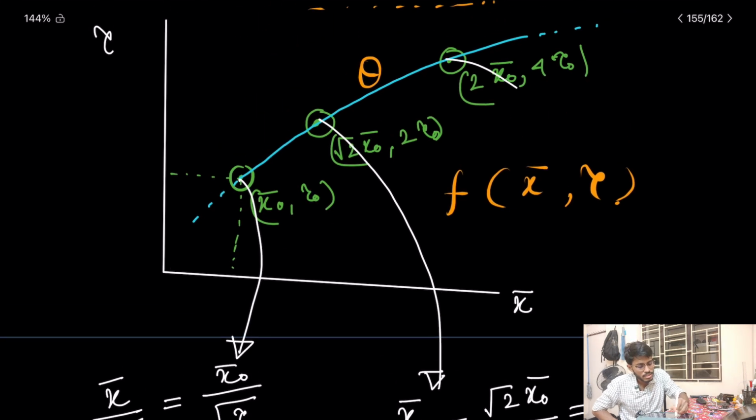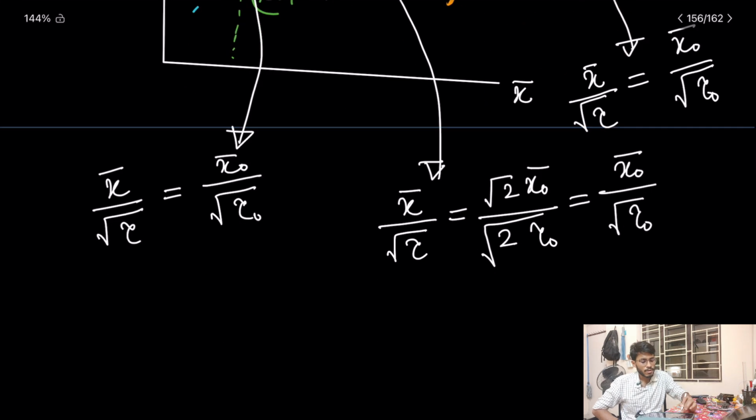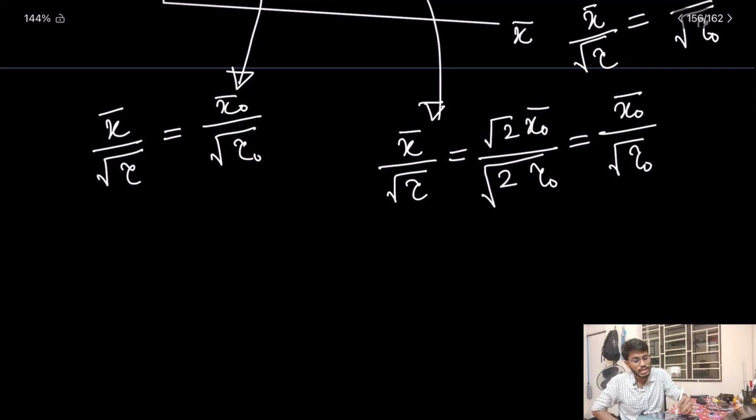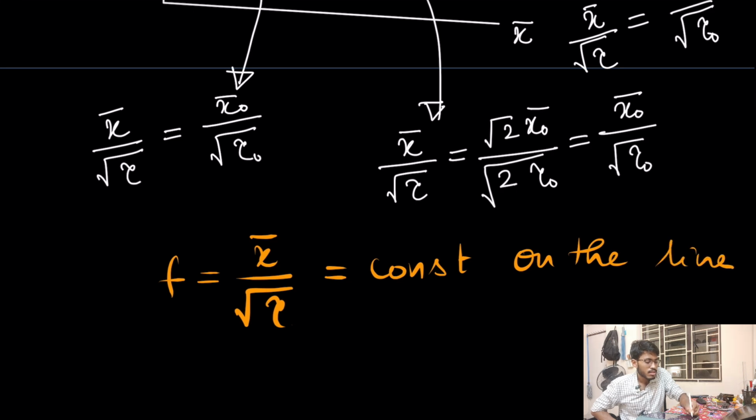If I calculate it for this one, at this point also I will have x bar by root tau equal to the same x bar naught by root tau naught. That means I am having a function f equal to x bar by root tau that is constant on the line theta equal to constant.